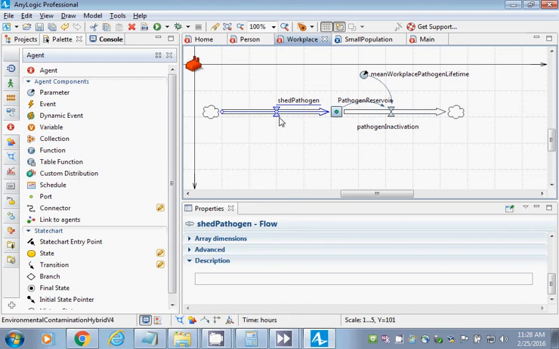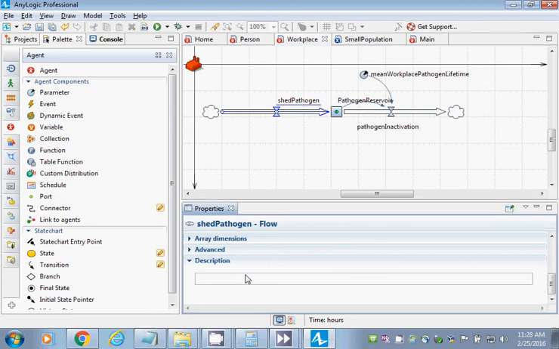Per capita shedding rate. So we need to go to main and add a parameter, per capita shedding rate.